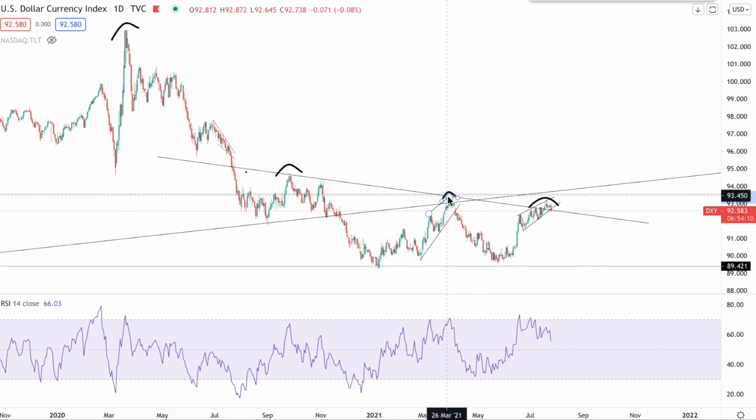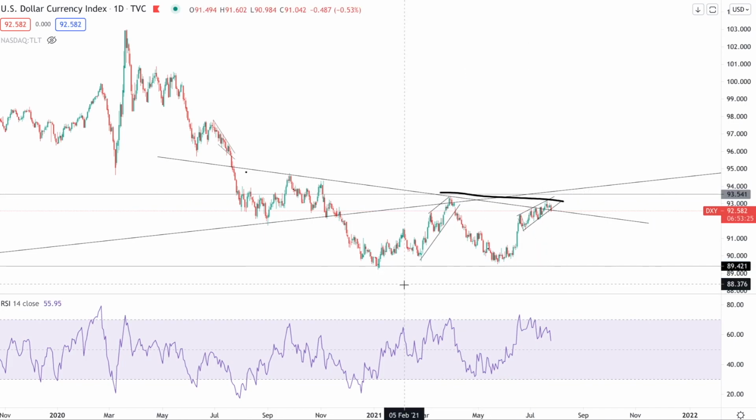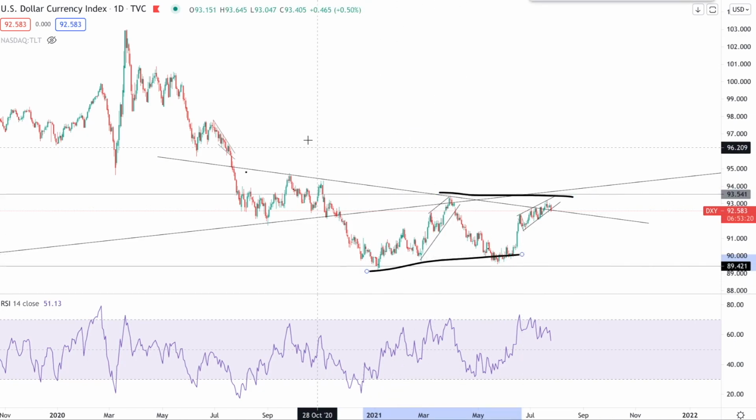That's very important. If we begin to see a breakout above this zone of resistance here at 93.5, that gives us a big change in character on the US dollar, because we would have a low, a higher low, then a high, and a higher high. But that's not the case for now. For now, this is just a consolidation following a large downtrend.